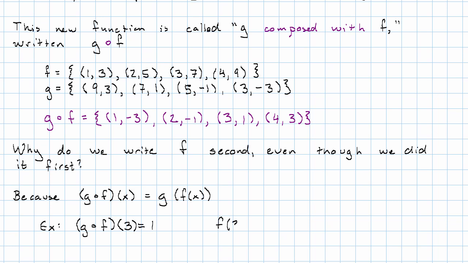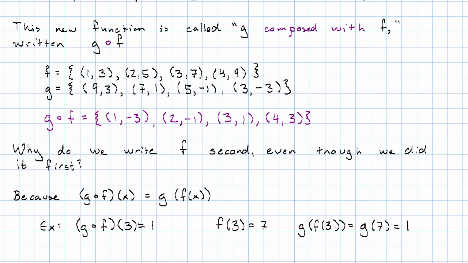But notice that f of 3 is 7. So g of f of 3 is going to be g of 7, which is 1.